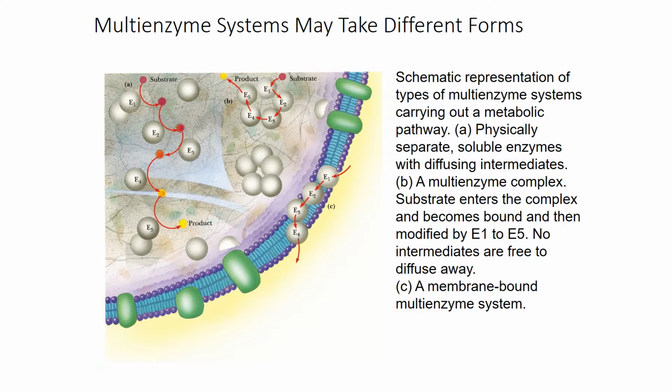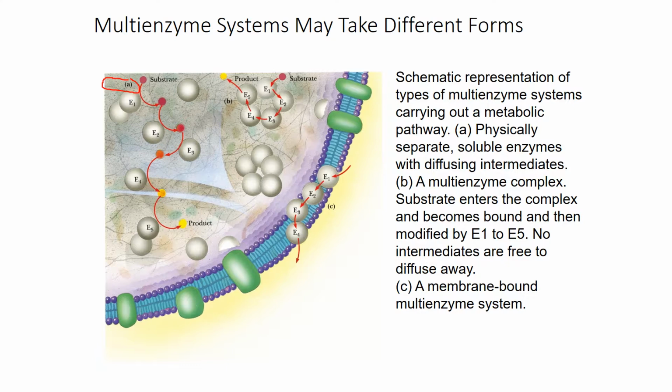So if we look at the representation of A, for example, we have a substrate, and then we have enzymes, and this would be the cytosol of the cell, that are spatially disconnected from one another.